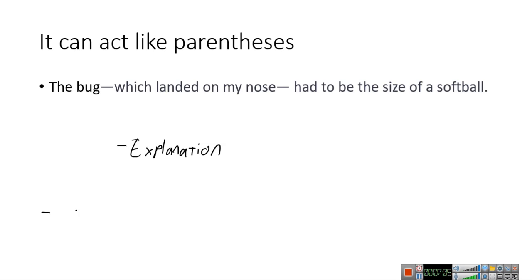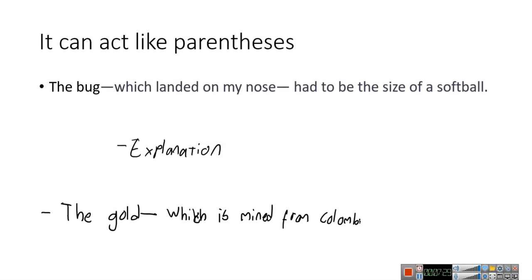For example, if I say the gold, and I want to give some sort of explanation about that gold, I can say the gold, which is mined from Colombia, is expensive.